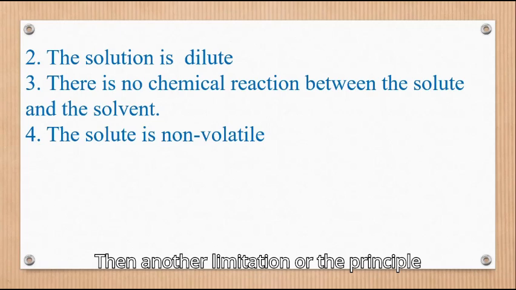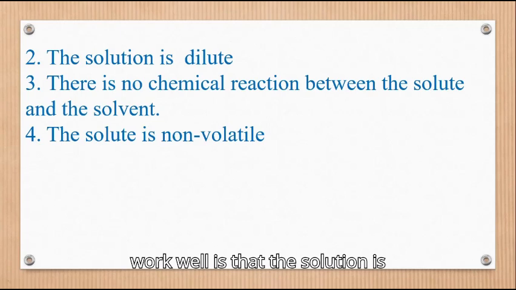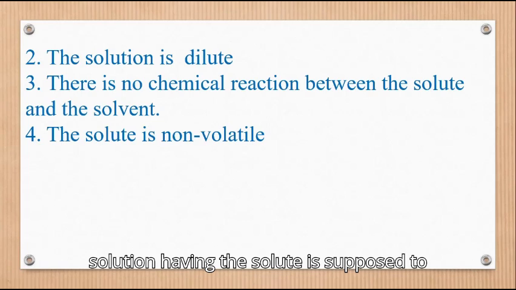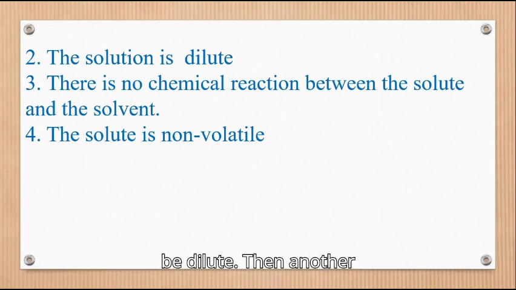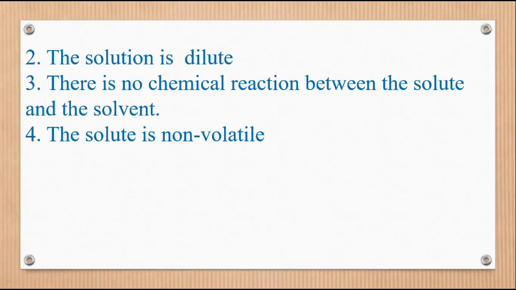Then another limitation or principle under which the colligative property may work well is that the solution is supposed to be dilute. So the solution having the solute is supposed to be dilute. Then another one, there is no chemical reaction between the solute and the solvent.